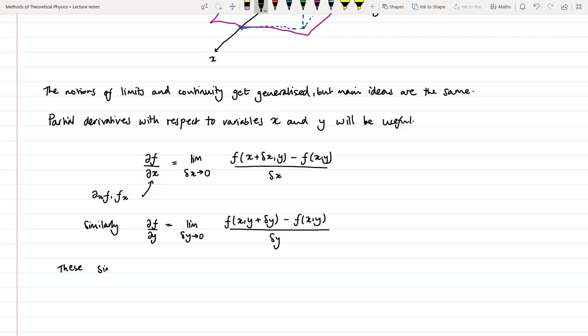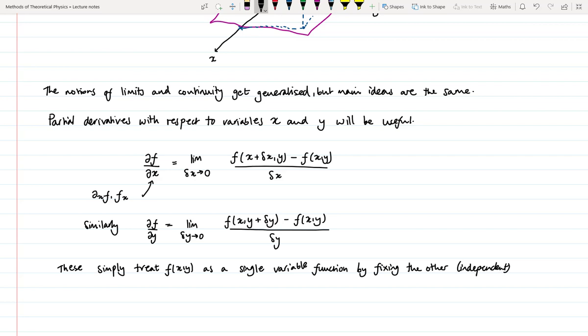So these simply treat f of x, y as a single variable function by fixing the other independent variable.